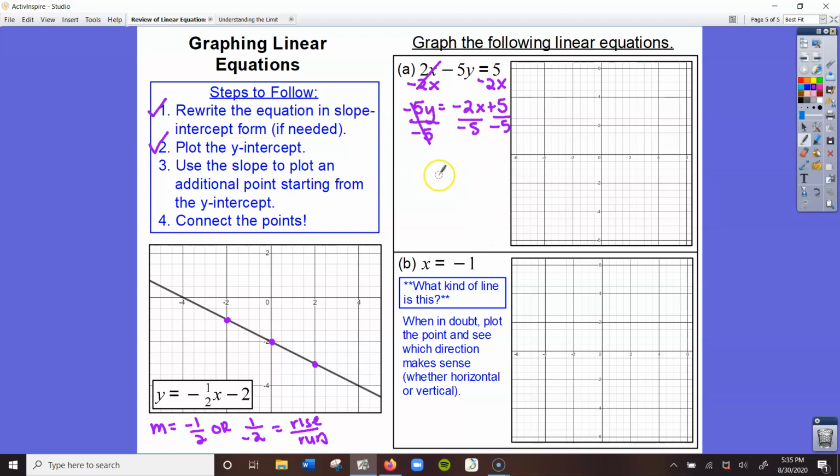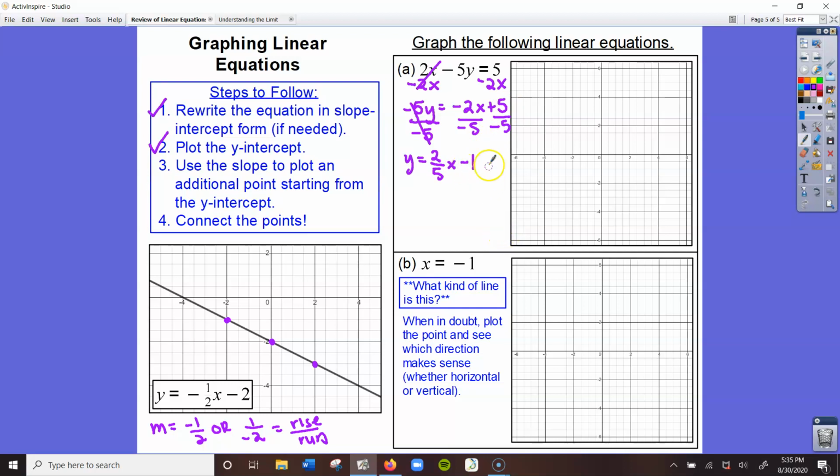So when I rewrite this equation, my line would be y equals, look at the slope, we have a negative divided by a negative, which makes it a positive slope of 2 over 5x, and then a positive 5 divided by negative 5 is a negative 1.